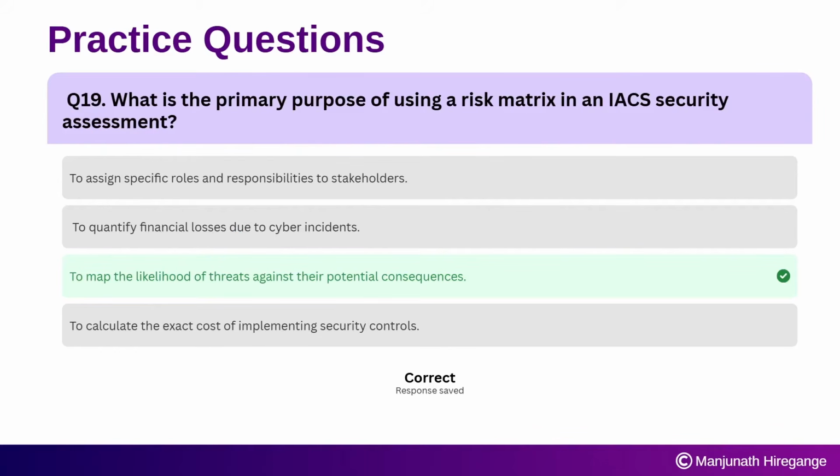It provides a relative risk categorization basically. The last option: a risk matrix identifies and prioritizes risk but does not calculate the cost of the security controls, and this cost analysis will be considered as part of the risk treatment or mitigation planning phase.